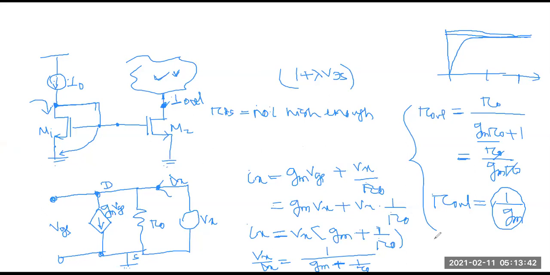So you know how R out depends. R0 is equal to 1 by lambda ID.